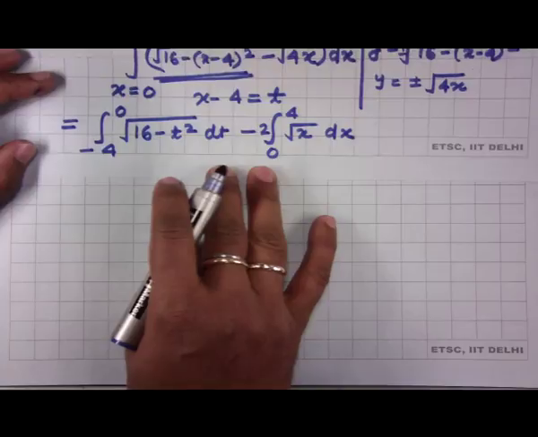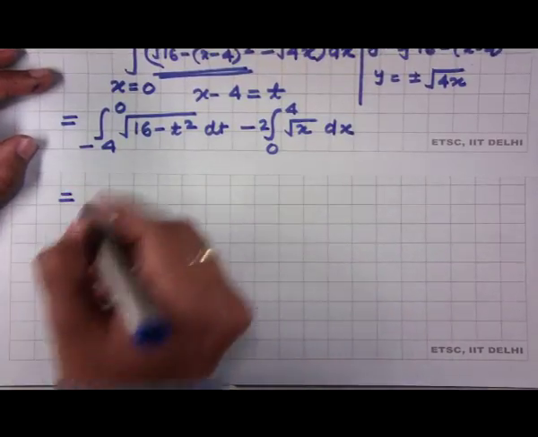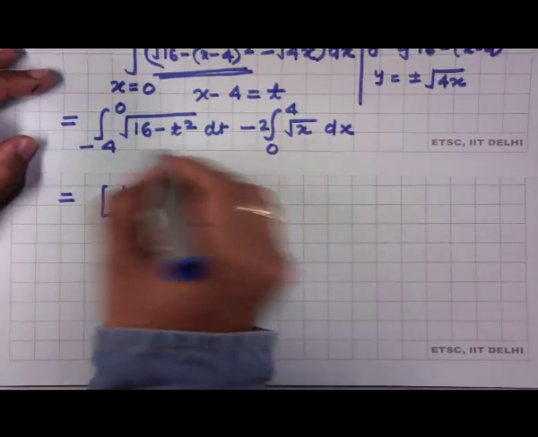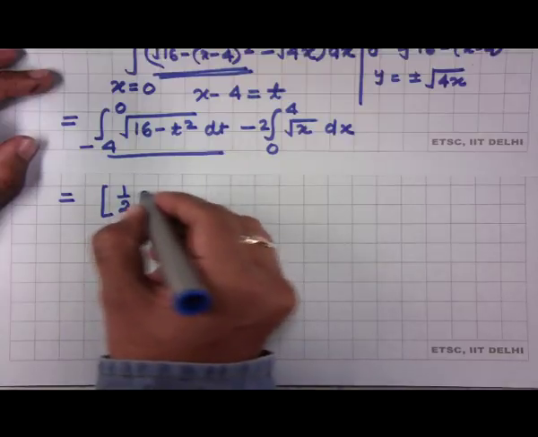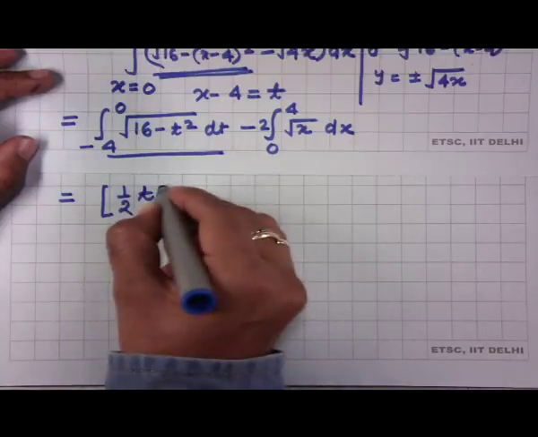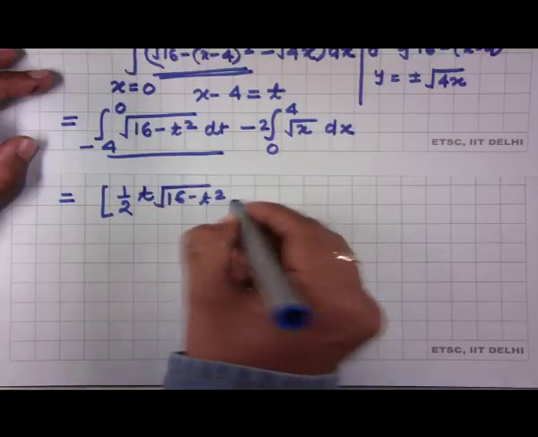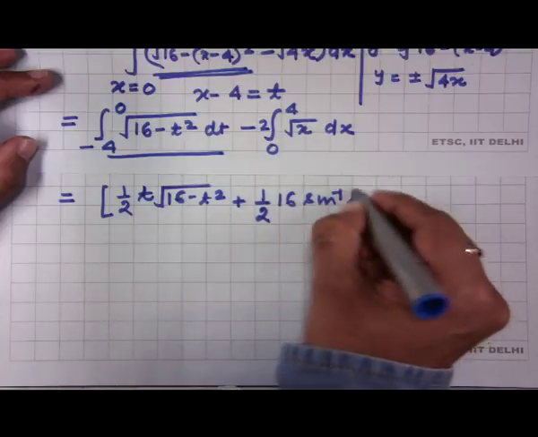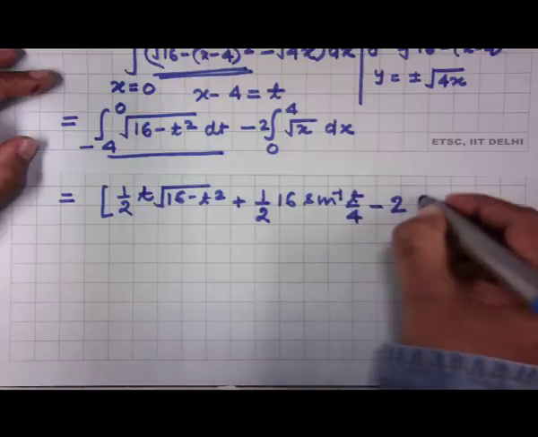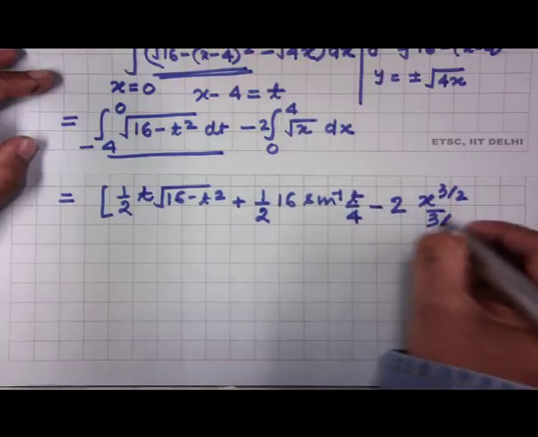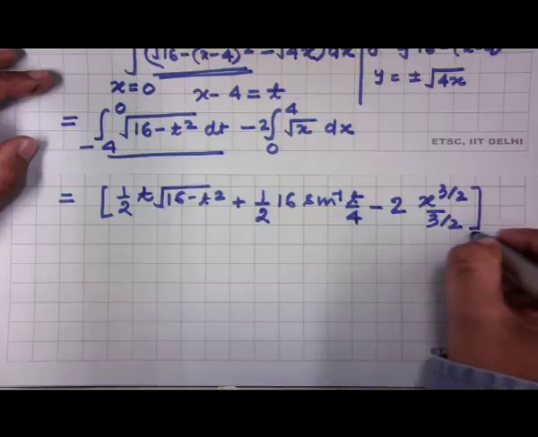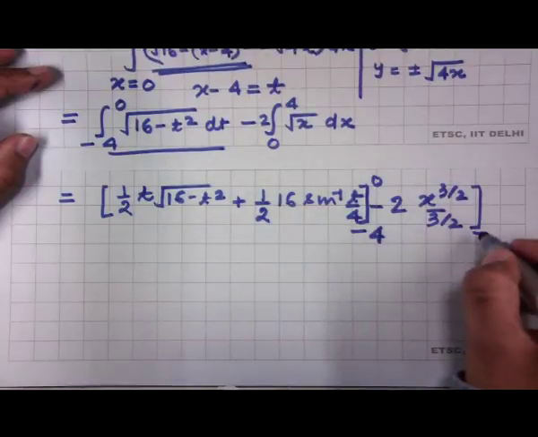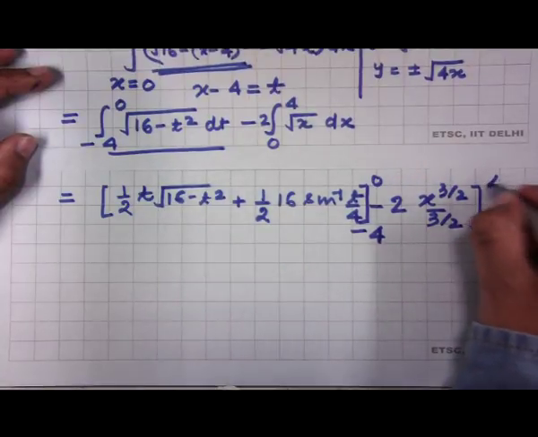So, this will be equal to 1 by 2, value of this integral will be 1 by 2 t under root 16 minus t square plus 1 by 2 into 16 sine inverse t by 4, minus 2 into 2 root x to the power 3 by 2 by 3 root 4x. The limit from here is minus 4 to 0, and limit here will be from 0 to 4.